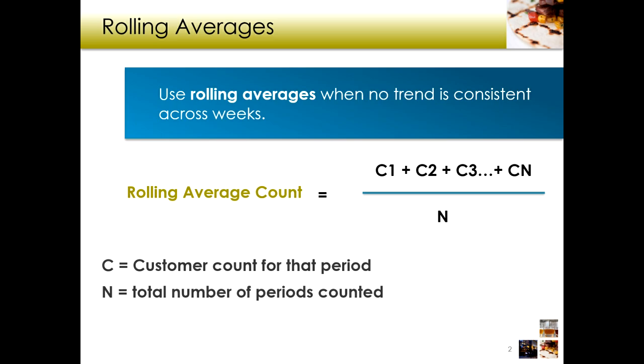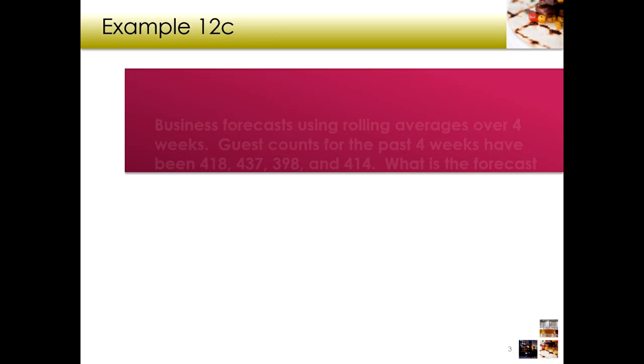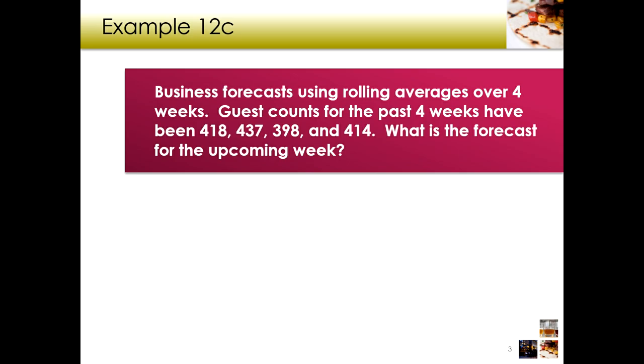So I have an example. In the example, a business forecasts using rolling averages over 4 weeks. The guest count for the past 4 weeks has been 418, 437, 398, and 414. So what's the forecast for the upcoming week?